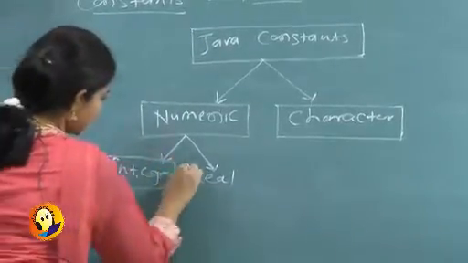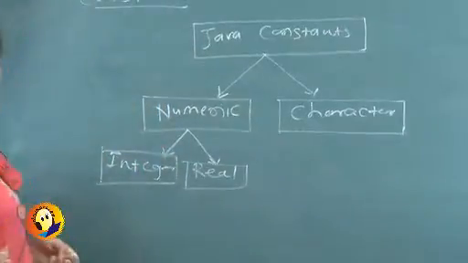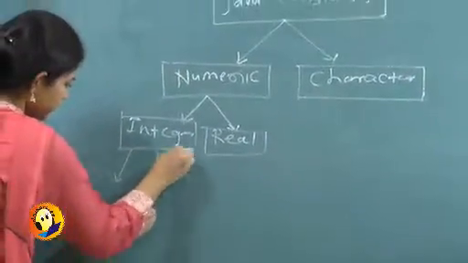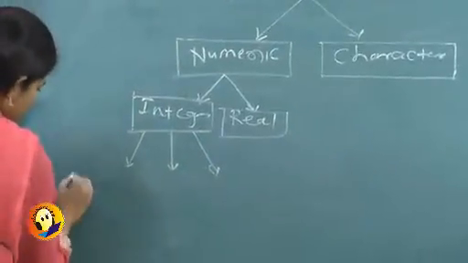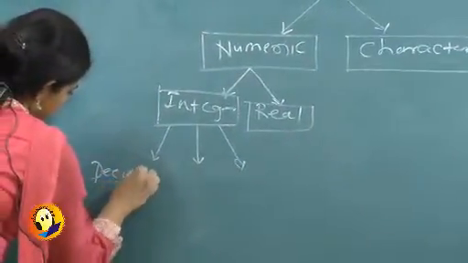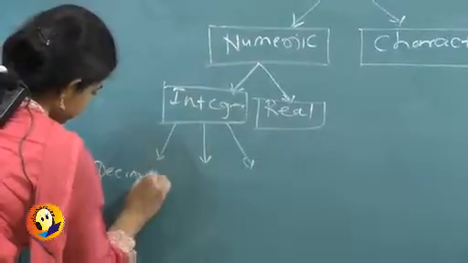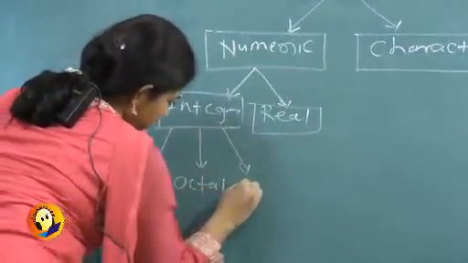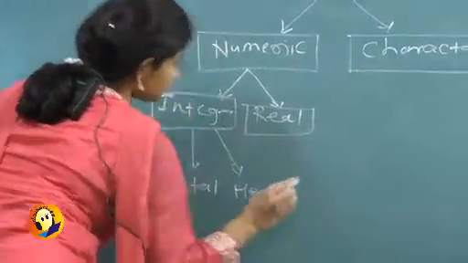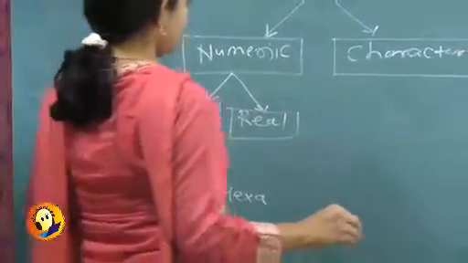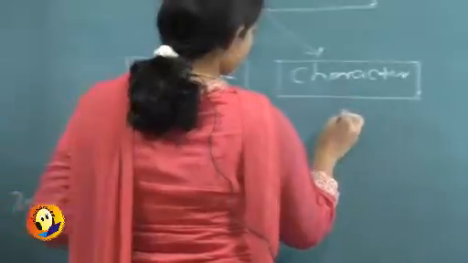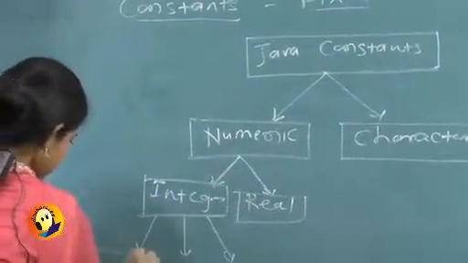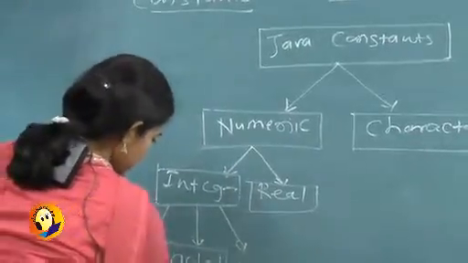Numeric constants are divided into two types, integer constants and real constants. Further, integer constants are divided into three types: decimal, octal and hexadecimal. And character constants, that is fine. So these are various constants available in Java programming.